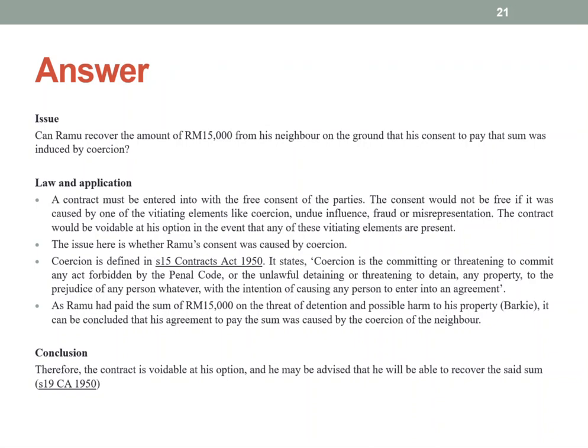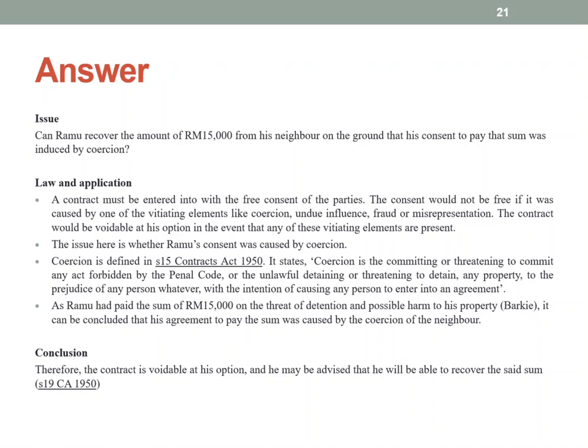The consent is not free if it's caused by one of the vitiating elements like coercion, undue influence, fraud, or misrepresentation. The contract is voidable at Ramu's option if there is one of these vitiating elements. The issue here is, was Ramu's consent caused by coercion?